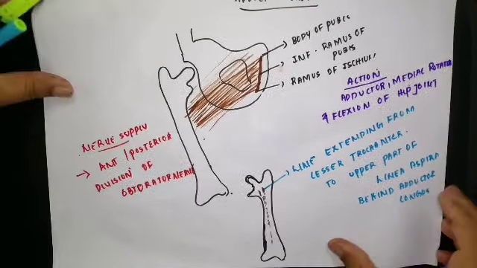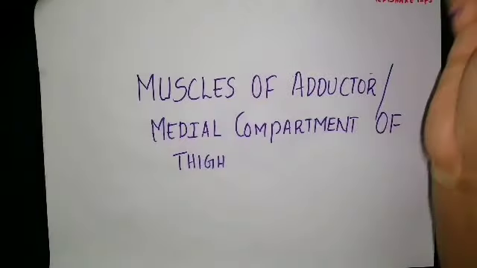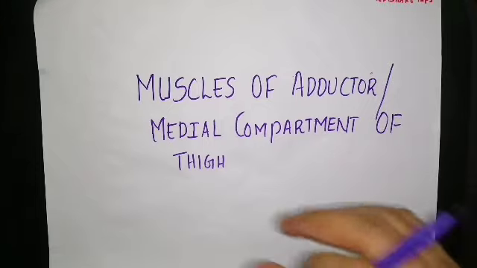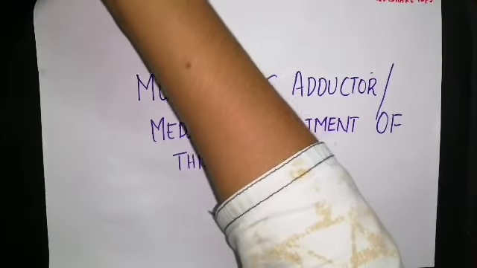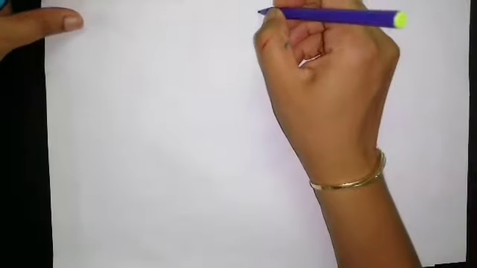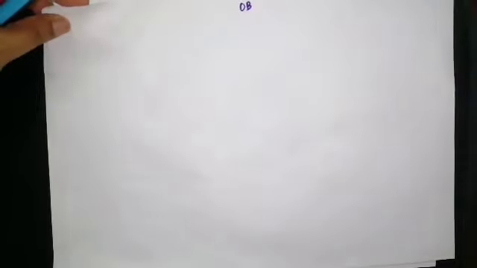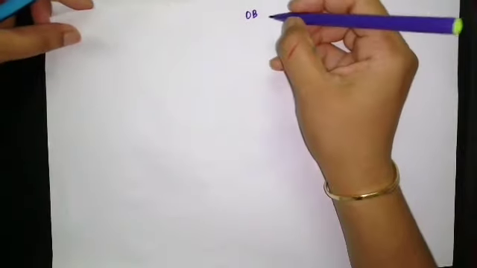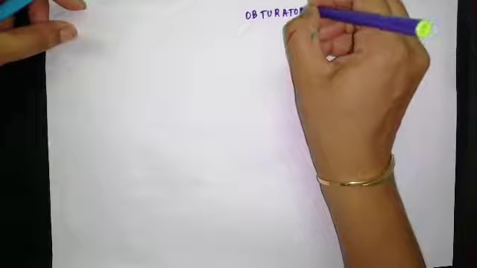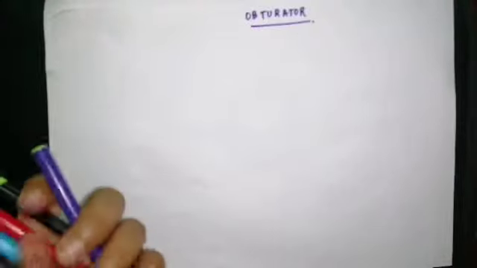Now another muscle which is lying in the intermediate stratum is the obturator externus muscle. Actually this muscle is a part of the adductor compartment, but the function is different.